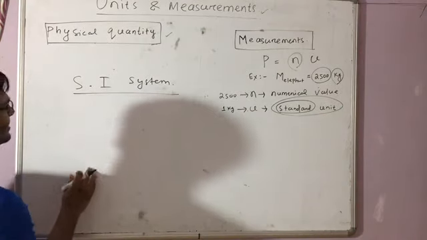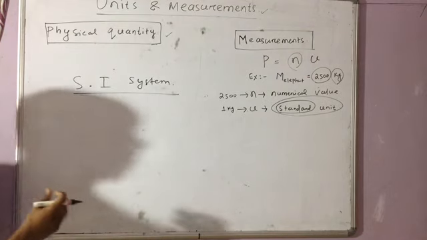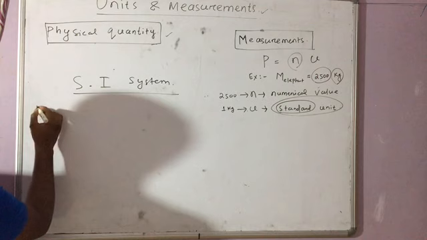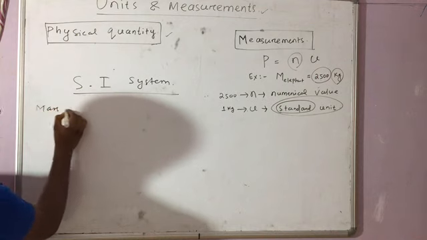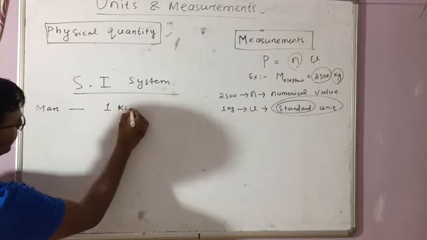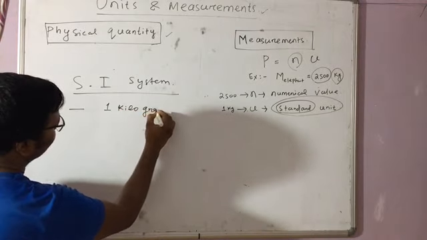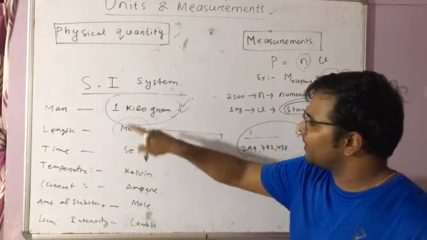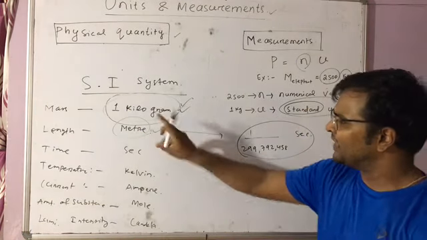Under the SI system, fundamental physical quantities can be measured. For mass, the standard unit is 1 kilogram.